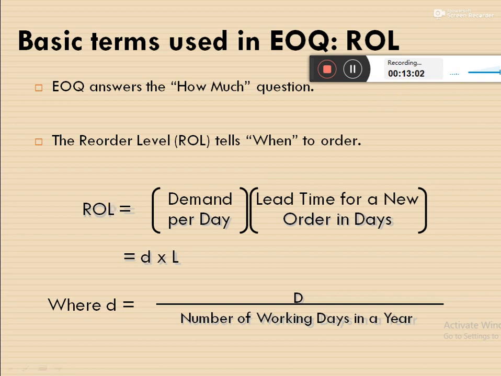The third basic term that is most commonly used in inventory management is ROL, or reorder level, or reorder point. Basically economic order quantity tells us how much should be ordered in a particular order, and reorder level point tells us the right time to place the order.